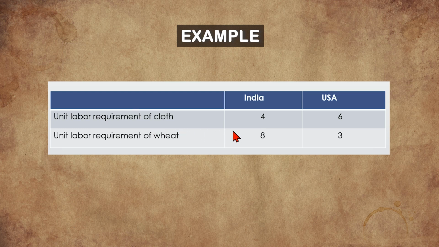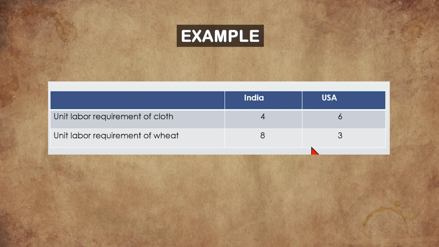This means 4 units of labor is required to produce 1 unit of cloth in India. So 4 laborers can produce 1 cloth in India, whereas 6 laborers are required to produce 1 cloth, the same cloth, so goods are homogeneous, in USA. And in case of wheat, India requires 8 laborers to produce 1 unit of wheat.